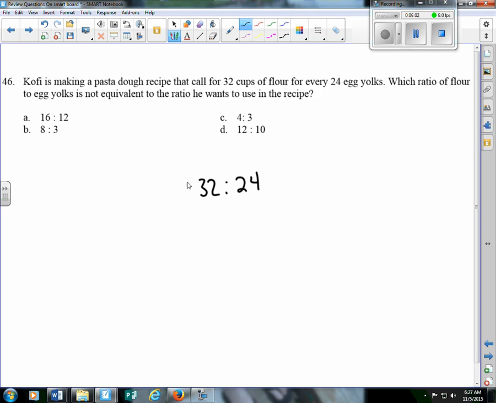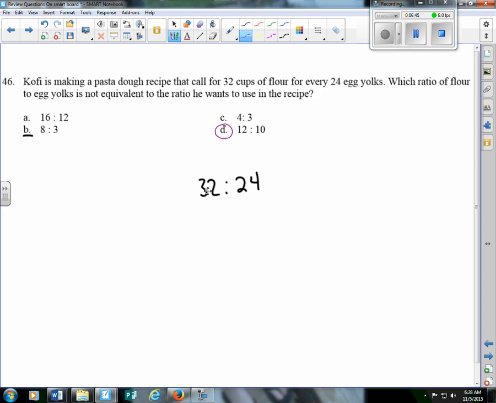Okay, so 32 divided by 16 is 2. 2 times 12 is 24. So that one works. 32 divided by 8 is 4. 4 times 3 is 12. So I'm going to put a little underline on that one just to see if that works out. 32 divided by 4 is 8. 8 times 3 is 24. So that works. Ooh, this one's tough because they're trying to trick you a little bit here. Actually, no, they're not. 32 can't be divided by 12, and 24 can't go into 10. So I'm going to circle that one.